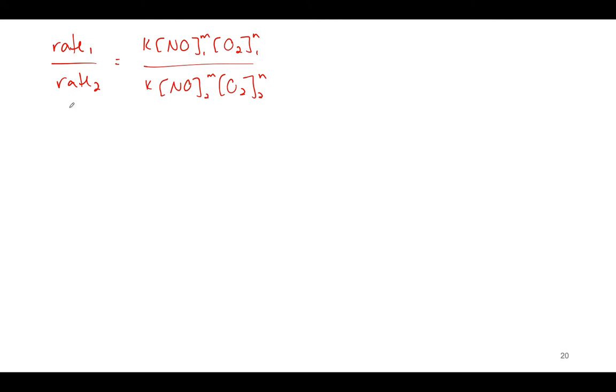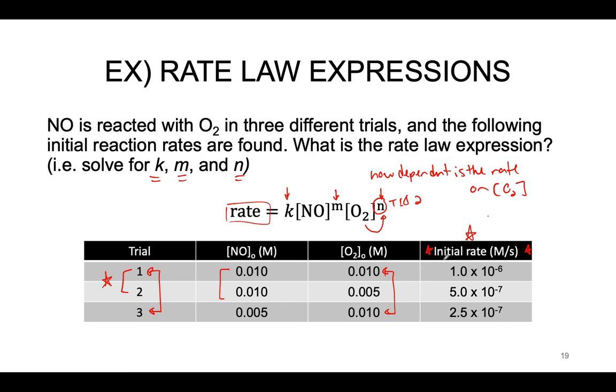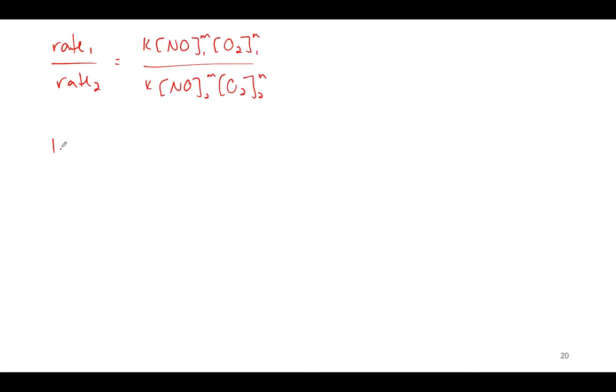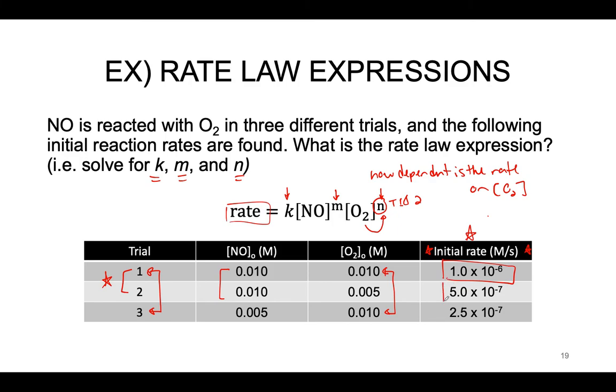We're going to insert the rate for trial 1, which to go back to our data is presented right here, 1.0 times 10 to the negative 6, and we are going to divide it by the rate for our second trial, this 5.0 times 10 to the negative 7.